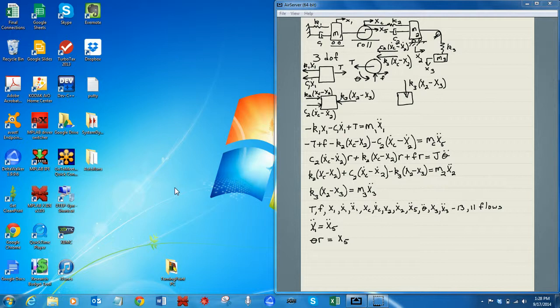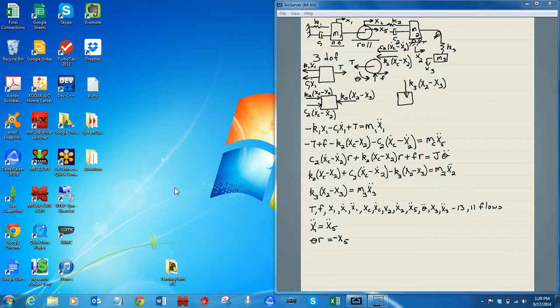Now I just need to determine if it's a plus or a minus. If I have a positive theta, the x5 moves in the negative direction. So I want to force a negative sign here so that sense is noted. So if x5 is positive, for example positive 3, then theta would be negative 3 over r, which is right. It would rotate clockwise instead of counterclockwise.